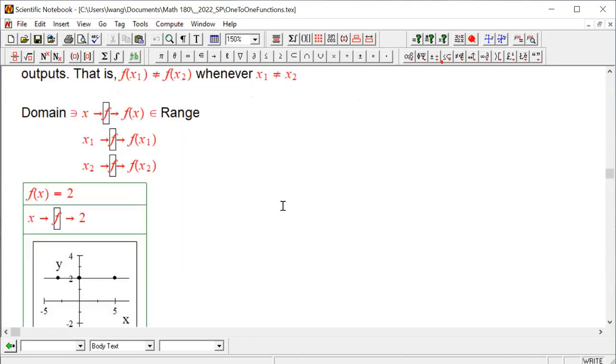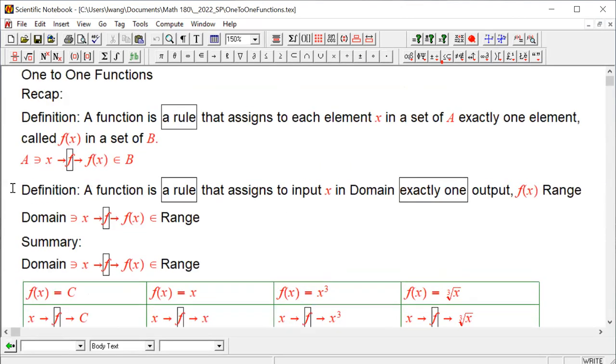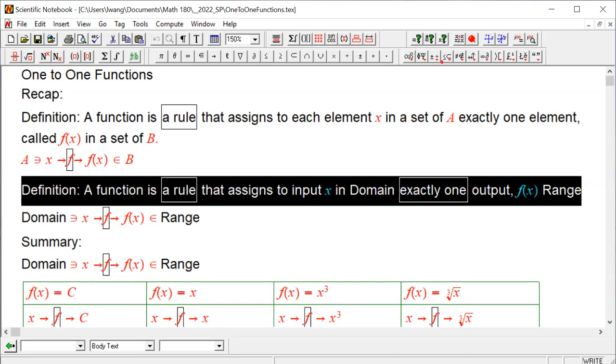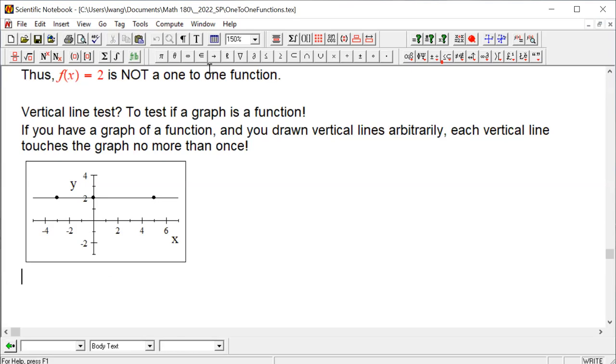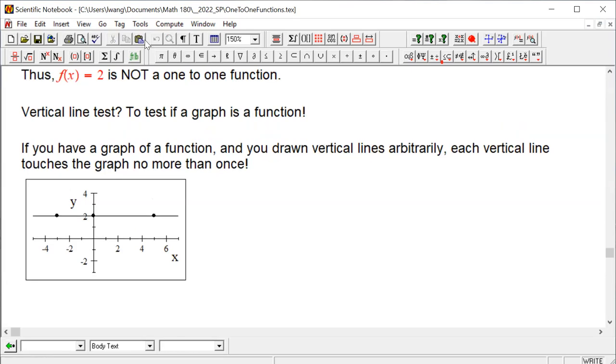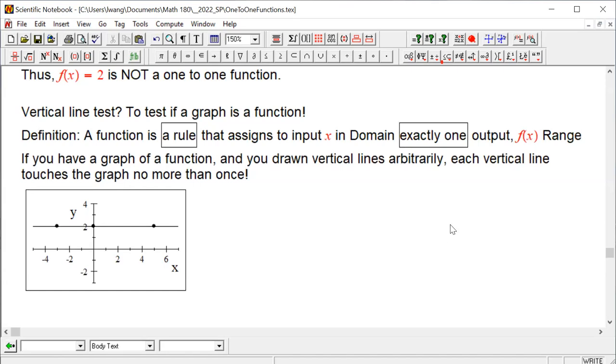So I'm going to bring the definition of function along with us. So vertical line test is just another version of saying it is a function or it is not. Any graph that doesn't pass the vertical line test is not a function. So next, do we have such a test for one-to-one function? Yes, we do.